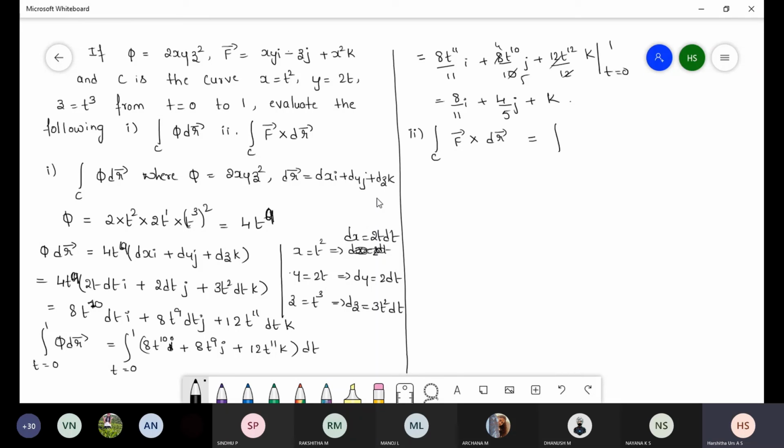In terms of t they have given. So I just write vector dr divided by dt into dt. So here that means I, j, k, and again dr by dt.